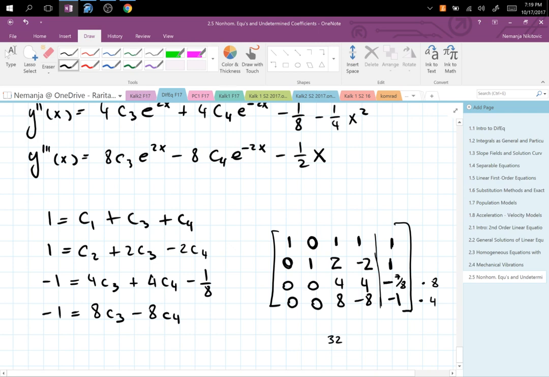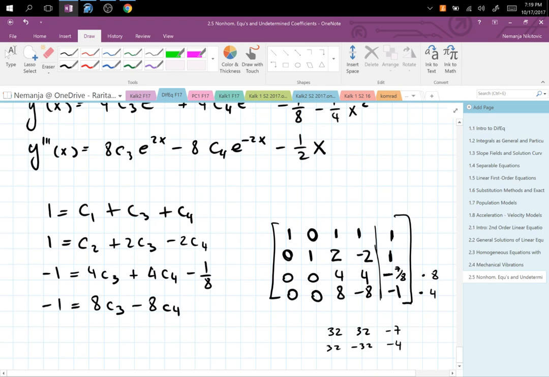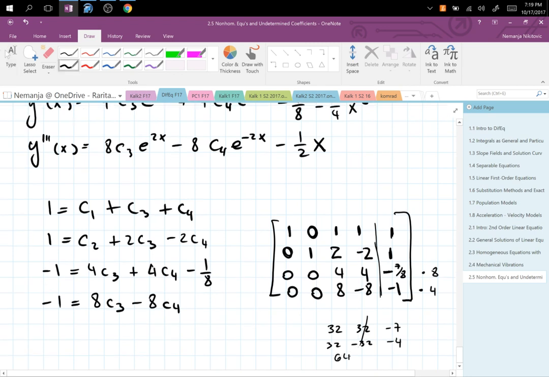So you have 32, 32, negative 7, 32, negative 32, and negative 4. So when you add them, this becomes 64 equals negative 11, so C3 is equal to negative 11 over 64.